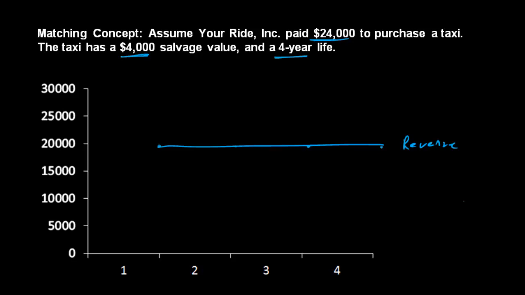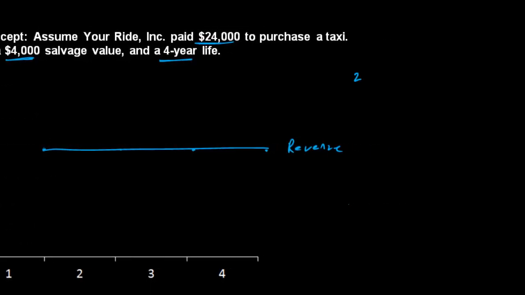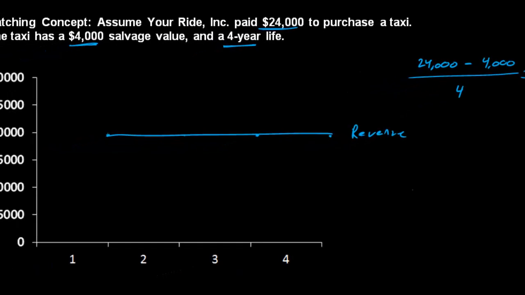And so to calculate depreciation expense with the straight line method, we just take the cost of $24,000, we subtract out the salvage value of $4,000, and we divide it by the useful life, which is 4. And that would give us $5,000 a year. So we would depreciate this taxi $5,000 a year.